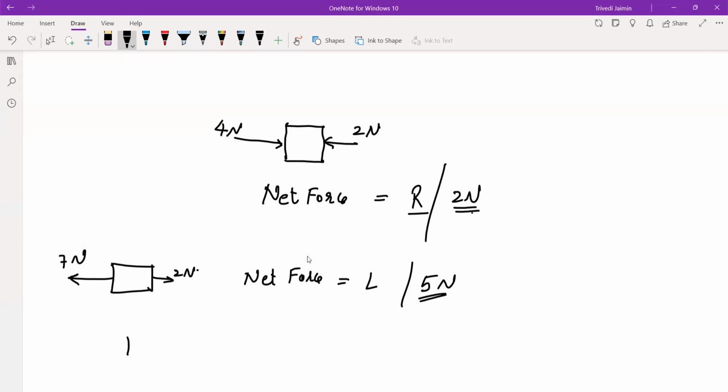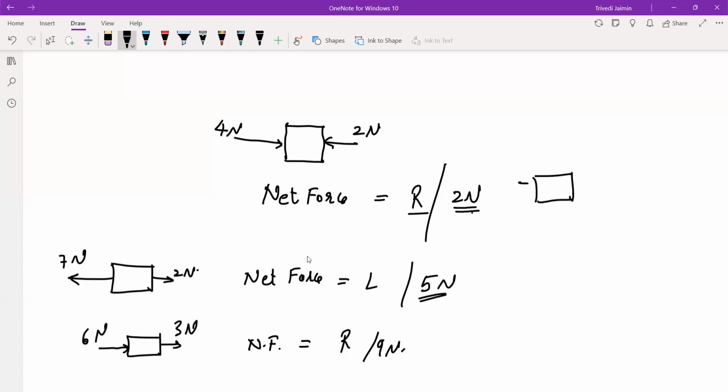Now if I say this side 6 Newton and this one 3 Newton, then net force will be right side by 9 Newton. Now in this one, if I add 3 forces, 2 Newton, 4 Newton, and this one let's take as 6 Newton.